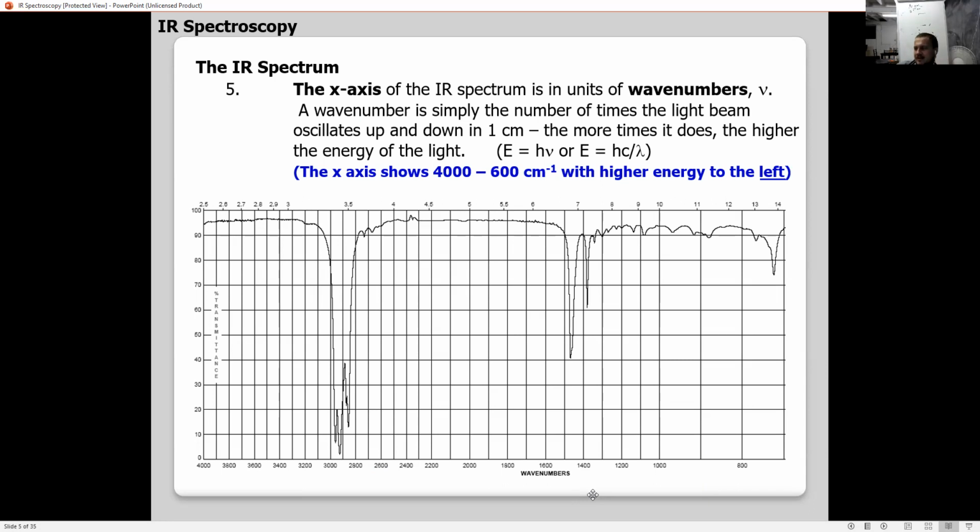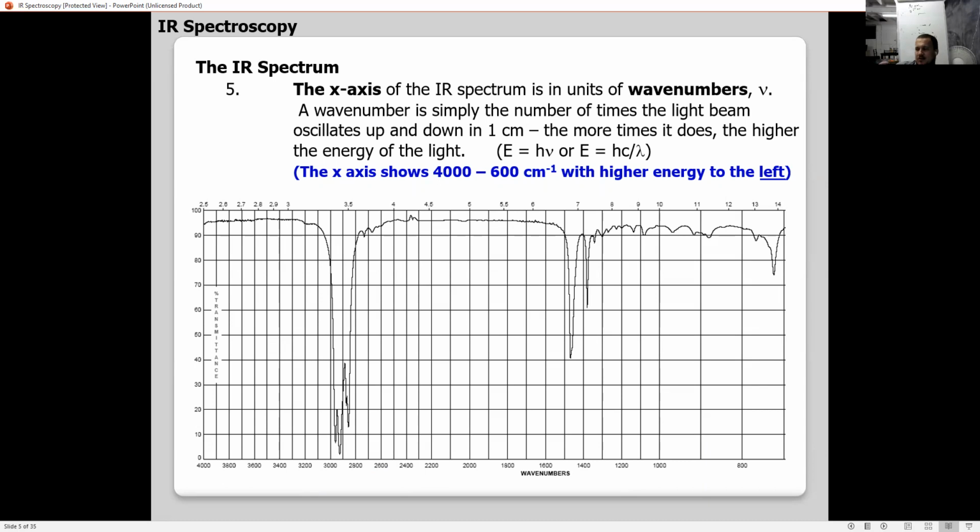We will make the bonds within that sample vibrate and stretch and give off heat. What will also happen is these bonds will absorb a certain percentage of the light at the different wave numbers.